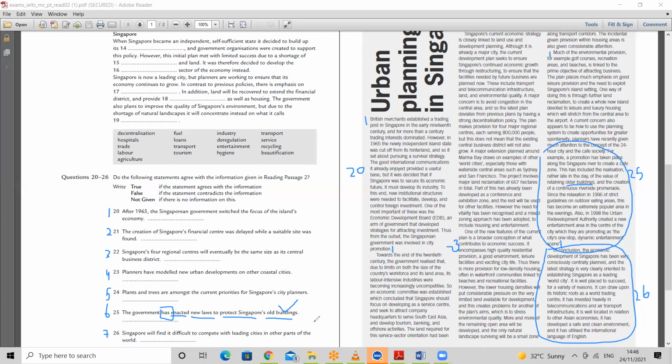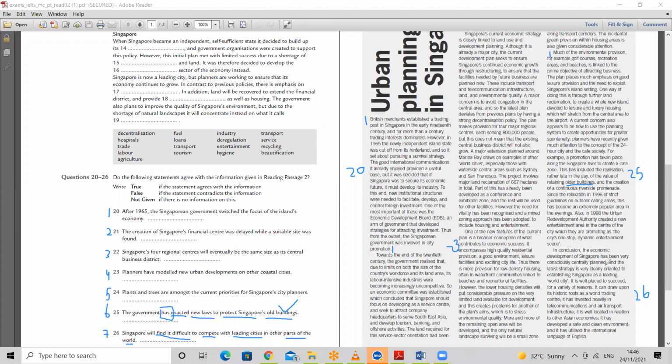Now, looking at the keywords, they are: find it difficult, compete with who? The other leading cities, where? In other parts of the world. Okay. Now, if I look at the last paragraph, it says, in conclusion, the economic development of Singapore has been very consciously centrally planned.